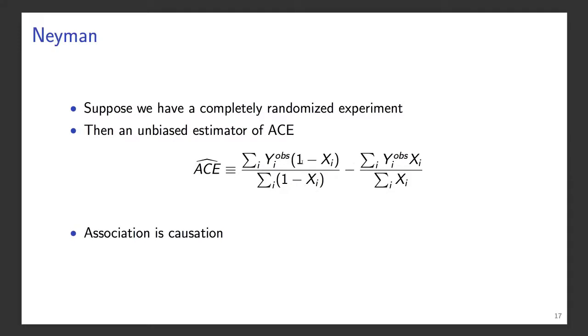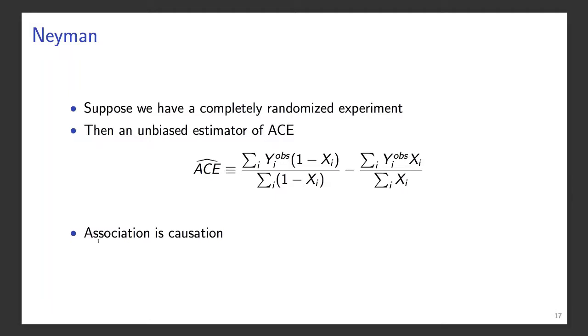What Neyman showed is that this is an unbiased estimate of the average causal effect, in a randomization-based inference paradigm. In other words, if you compute ACE hat for each possible randomized experiment and take the average of those, you'll get the true average causal effect.